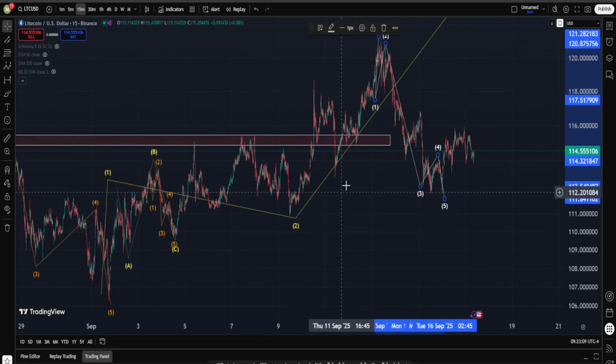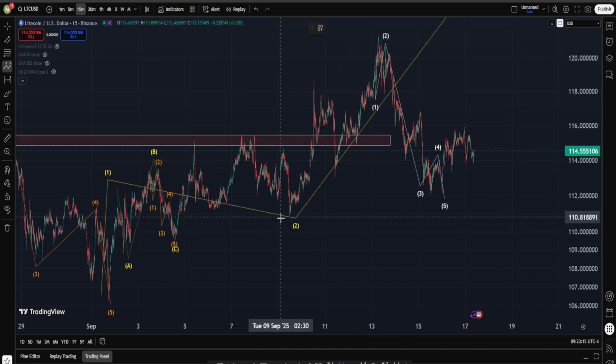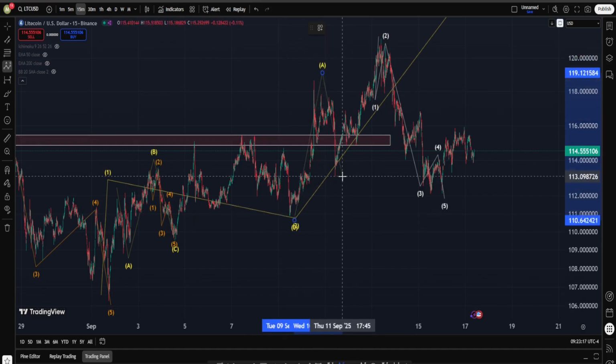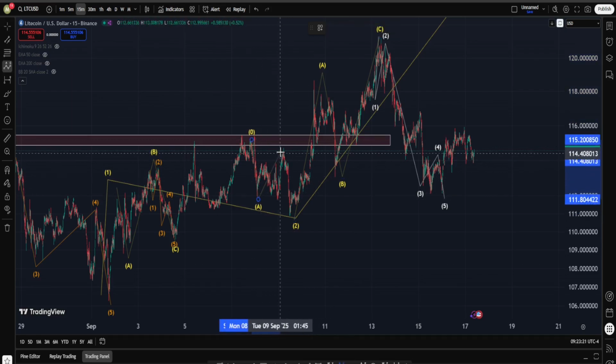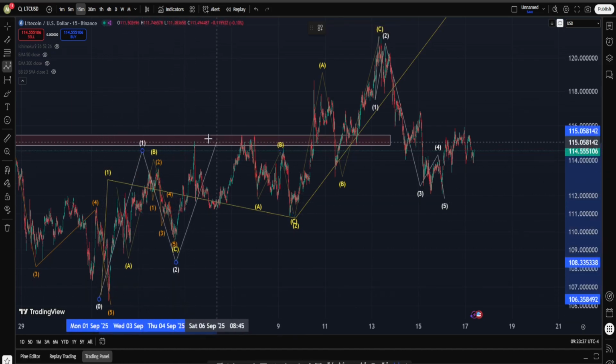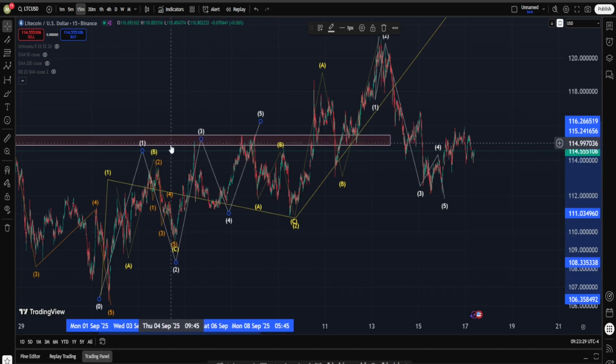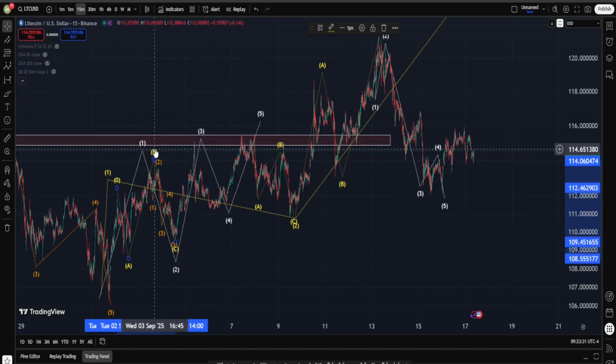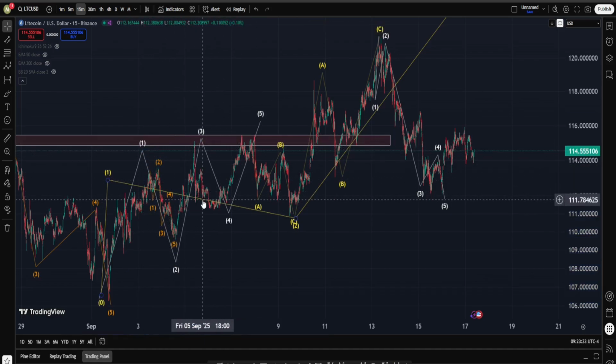And now that we have taken this important low, we have to consider the possibility of having from here an A, B, C zigzag, and this can be an A, B, C down. And maybe we are having in here a 1, 2, 3, 4, 5 wave, and since clearly we are having overlapping of the waves, maybe this is going to be a bit of a wedge structure.